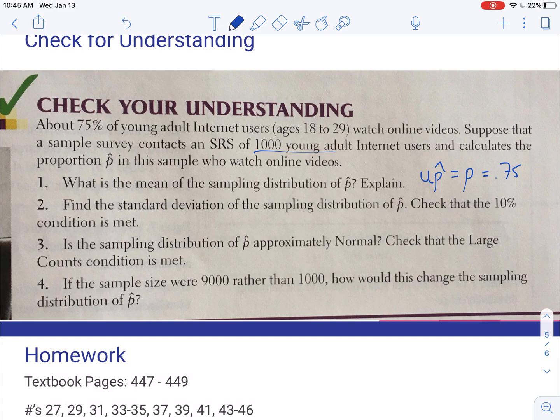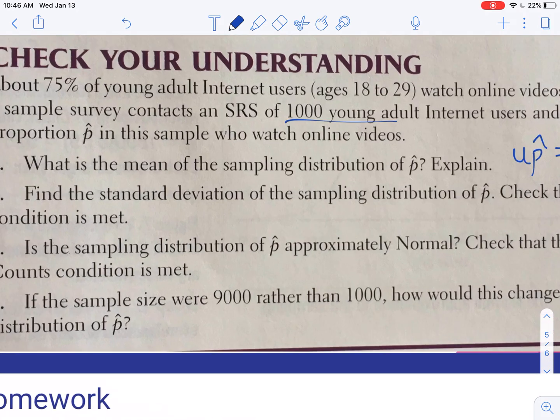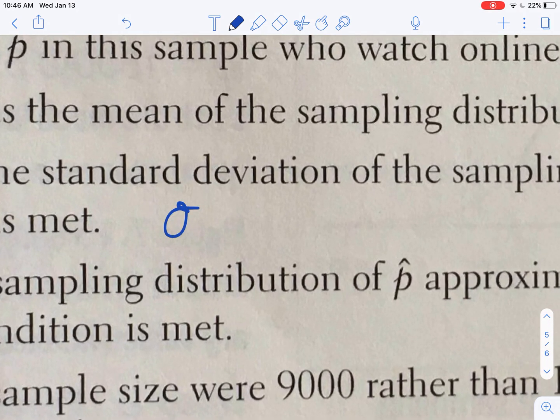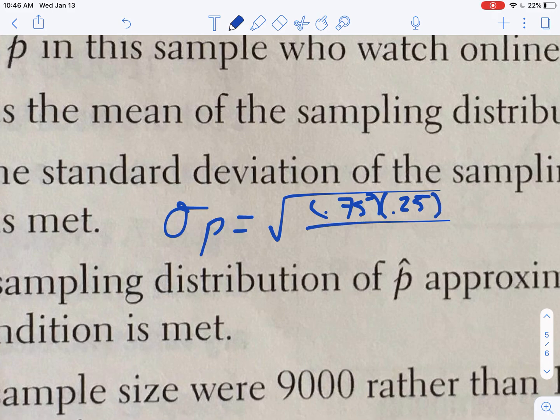We don't know the total number, but I think we can definitively say 1,000 young adults is well below 10% of the total number of young adult internet users in the world. So now I'm going to go ahead and find my standard deviation. My standard deviation here is going to be based on the square root of 0.75 times 0.25 divided by 1,000.